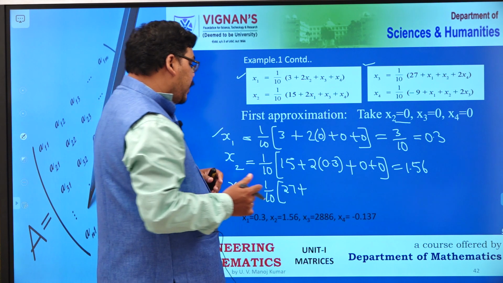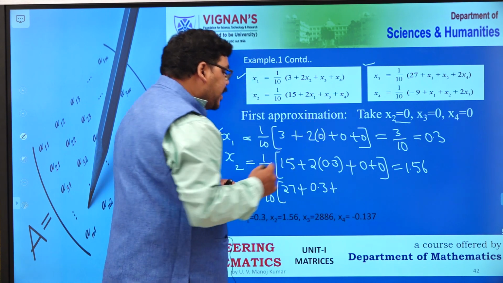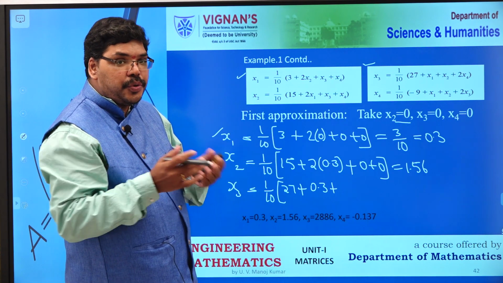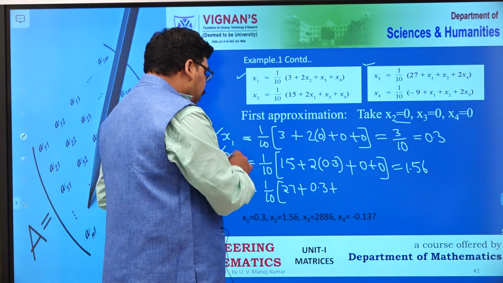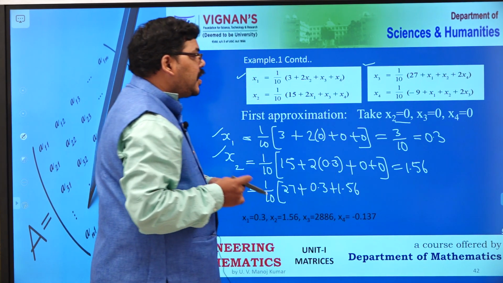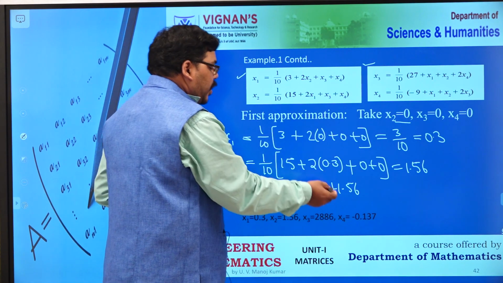The latest value of x1 known is 0.3. What is the latest value of x2 you know? This one, 1.56. And what is the latest value of x4? x4 we haven't calculated so far, so it is 0.